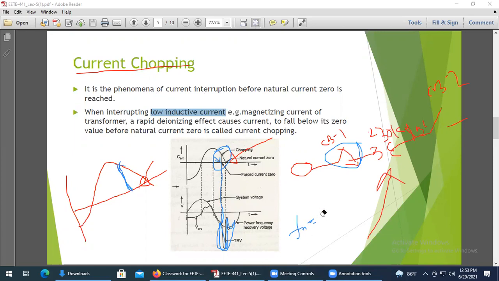As the frequency of this TRV becomes very high, the rate of rise of this TRV is very high. And due to this high rate of rise of TRV, restriking will occur here. Whenever restriking occurs, the electric arc is formed again. Again you need to extinguish the electric arc, and whenever you try to do that, your circuit breaker is interrupting that electric arc before it reaches zero.